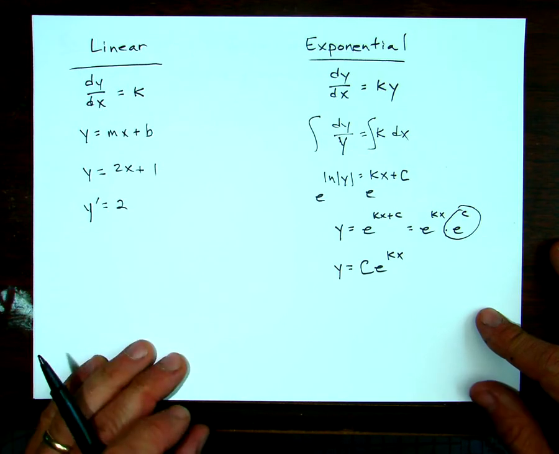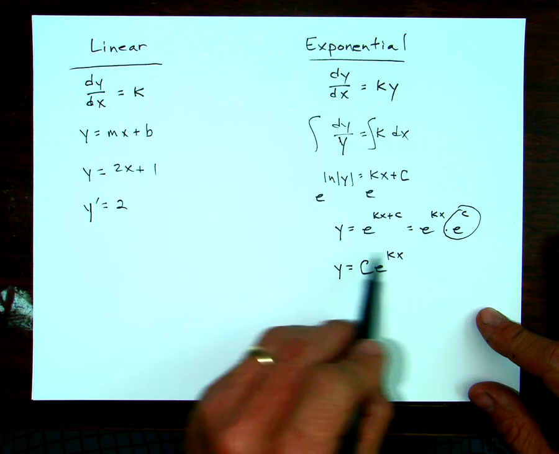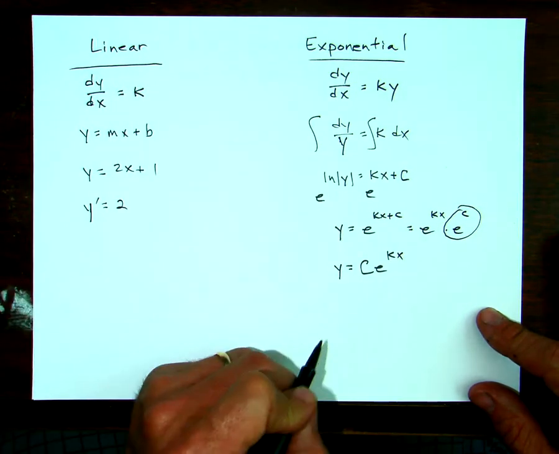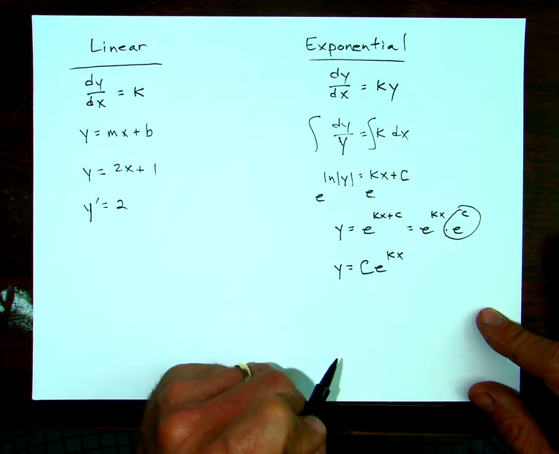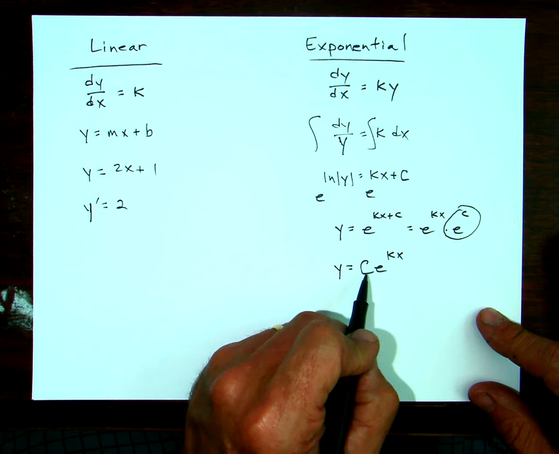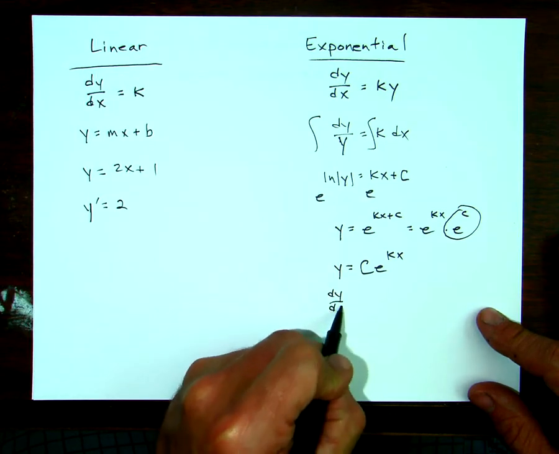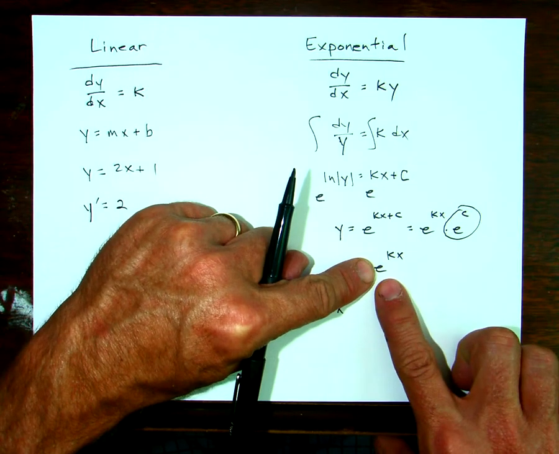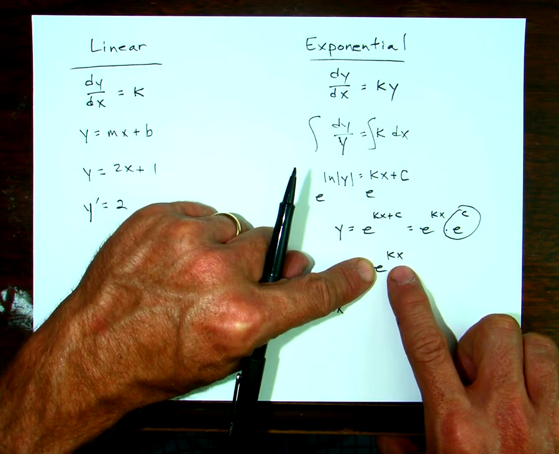I also want to give just an example of how this leads to this. Just like we did previously, we can take the derivative here, right? So remember that x is my variable. E is a constant, it's the base. K is a constant. C is a constant. So if I want to find dy dx, let's not worry about the c, if we just focus on this, we know that the derivative of e to some function is just e to that function multiplied by the derivative of the function.